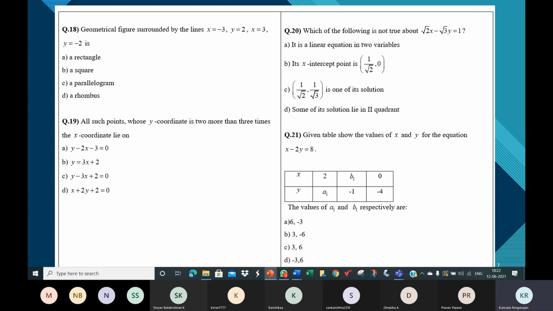Which is the correct option? Option D, ma'am. Minus 3, 6. Children, the options below are the A1 and B1 values, not X and Y, not X comma Y. Don't get confused.